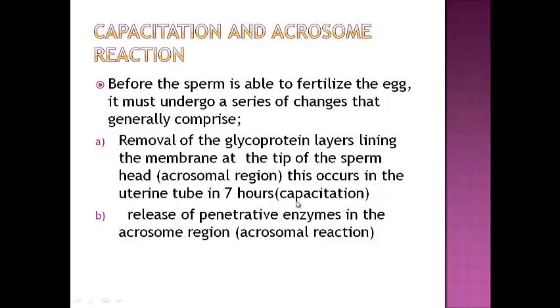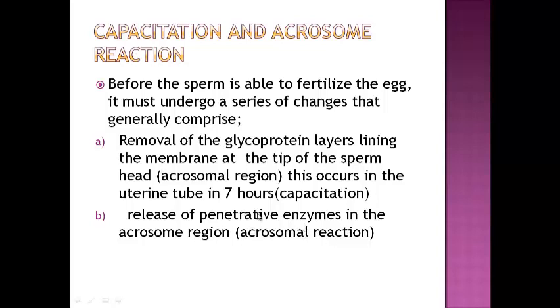Now, once that layer has been removed, another reaction takes place called the acrosomal reaction. This involves the release of penetrative enzymes, basically enzymes that can break down the outer layers of the ovum in order to allow the sperm to get further into contact with the ovum.